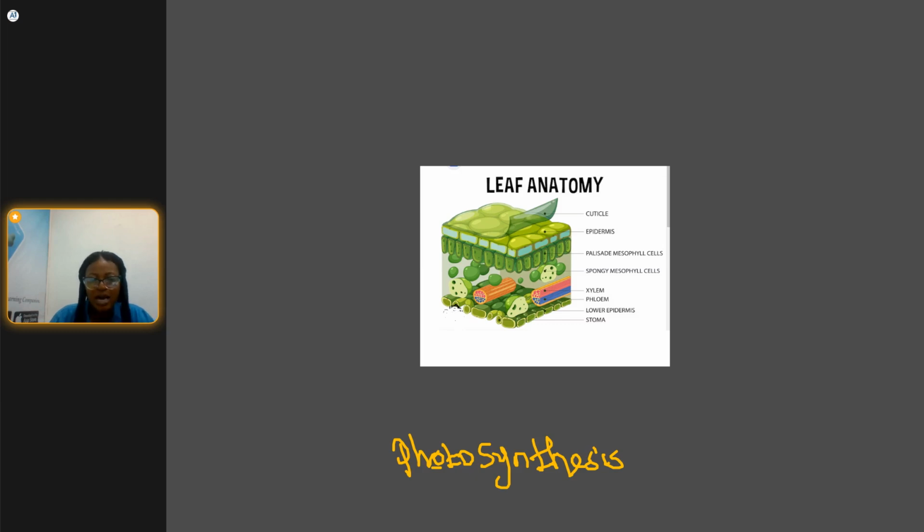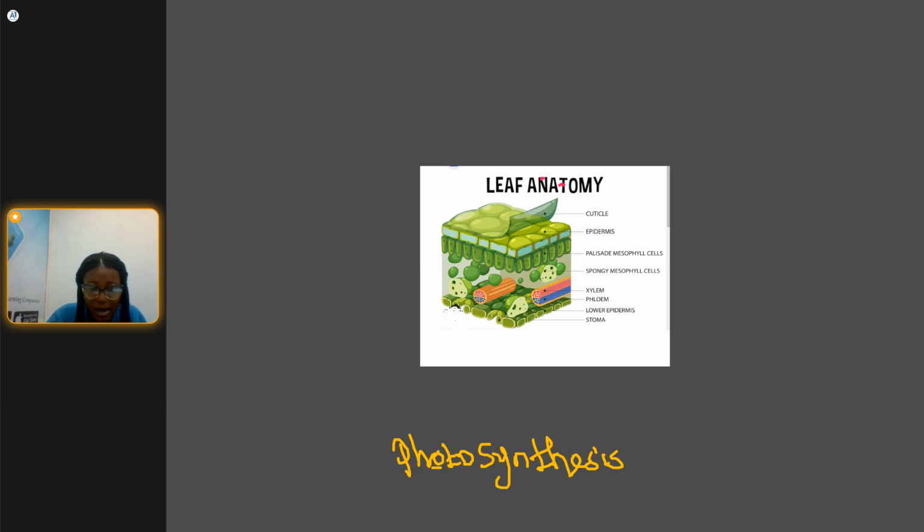So the first layer is the epidermis, which is the outer part. Look at the structure of the leaf. The way you see the structure is the way the labels are. So the epidermis, you can see, is the outer layer.